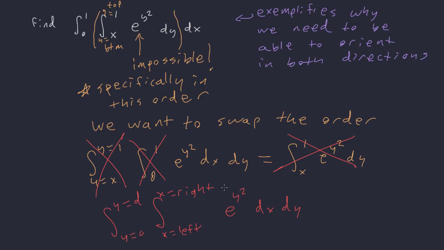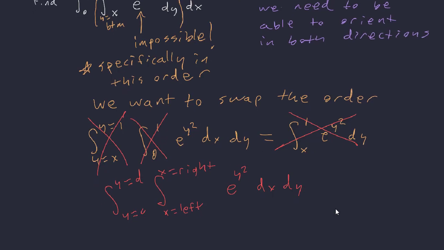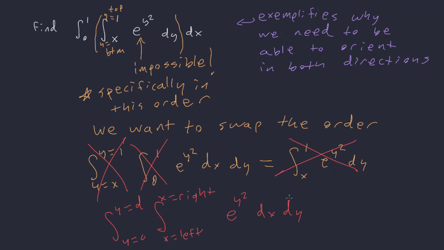Okay, so let's take a look at how we would do that. We need to start by seeing what R looks like. So we're going to graph R based on the information we have here. We know what the bottom is, we know what the top is, and we know what the x range is as well. Okay, so I'm going to clean this up a little bit and come back with a clean graph so we can start working on this.